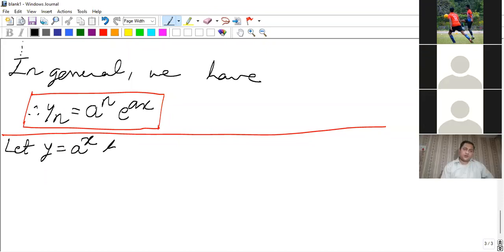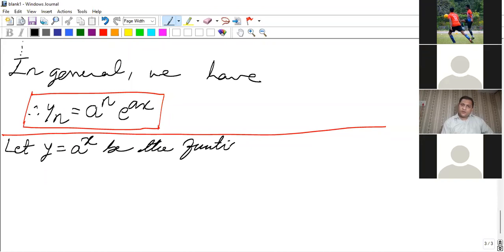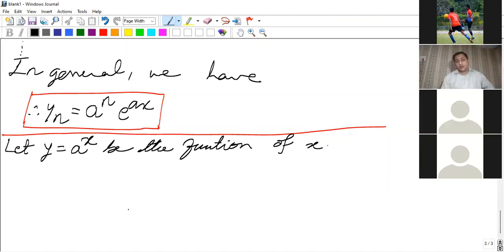It's a function of x. Now we need to understand the derivatives of this, and then finally we need to calculate the nth derivative of this.